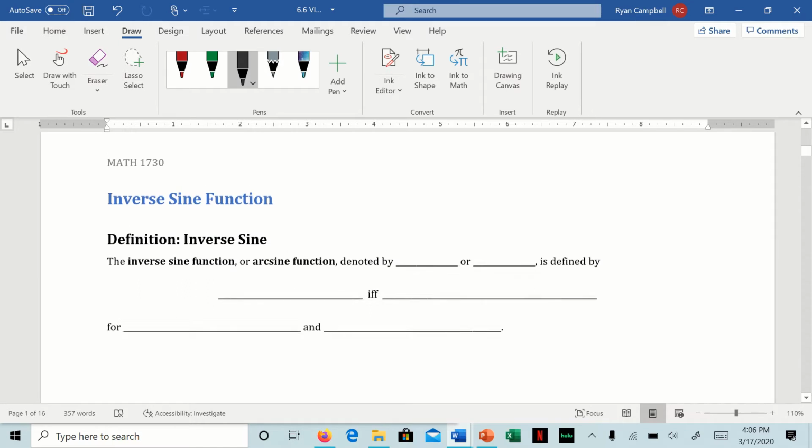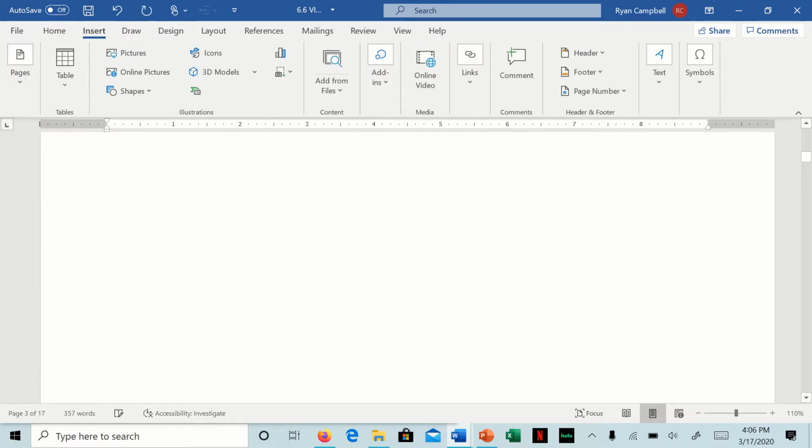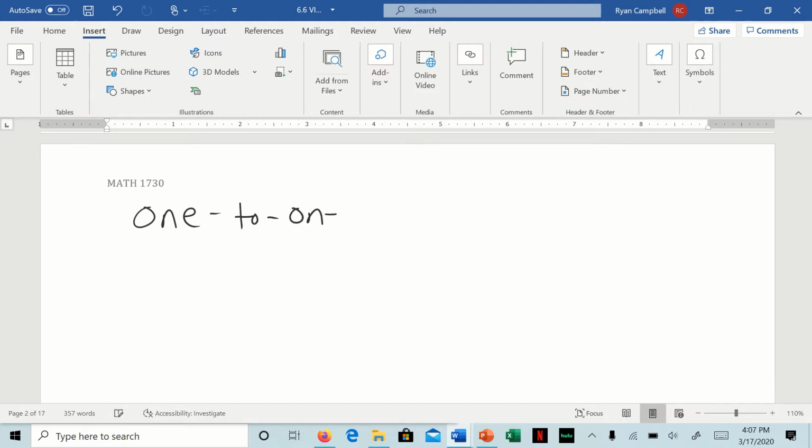All right, let's talk about inverse sine. Let's remind ourselves, what is the first thing you need to have an inverse function? You need one-to-one correspondence.